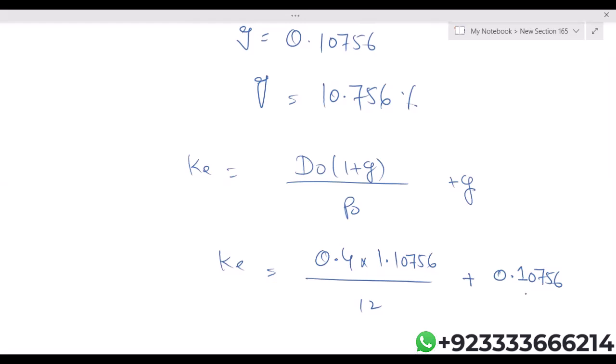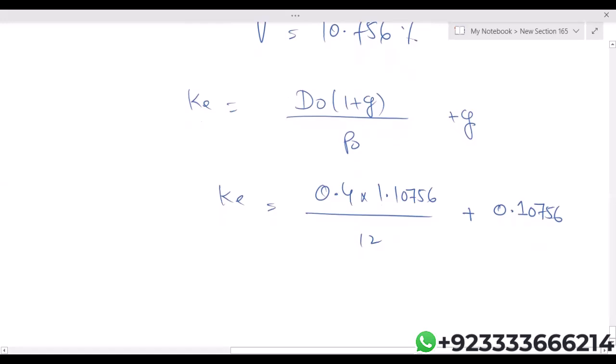Students, I'm getting 0.1444 multiplied by 100. So please recheck also. I want you guys to also confirm this. I'm getting KE 14.447%. Please, can you confirm this?